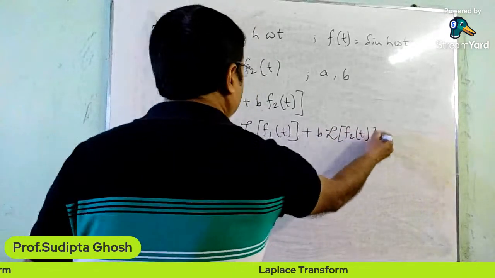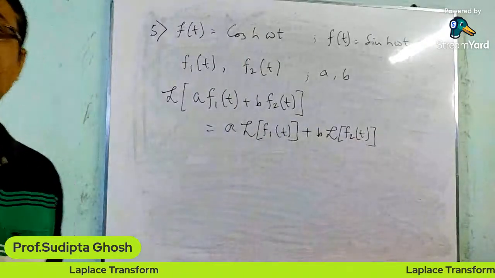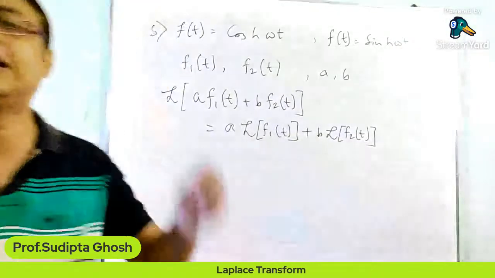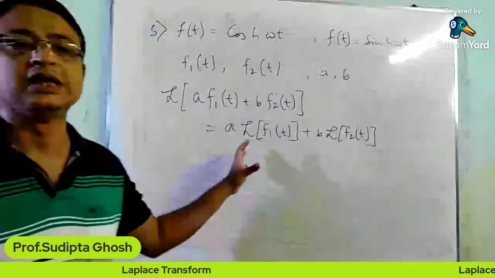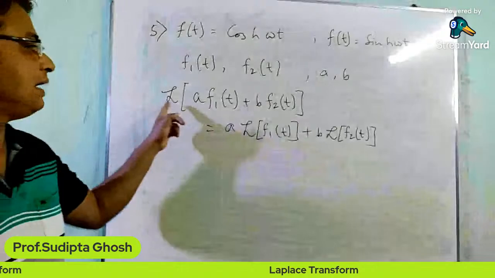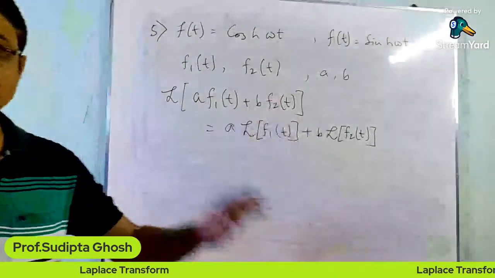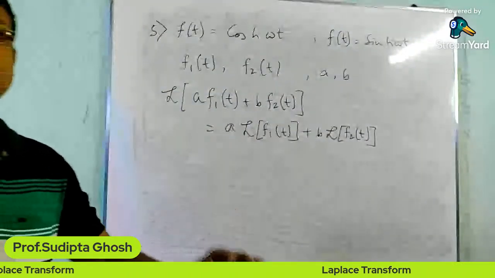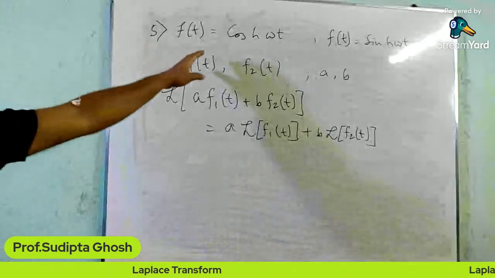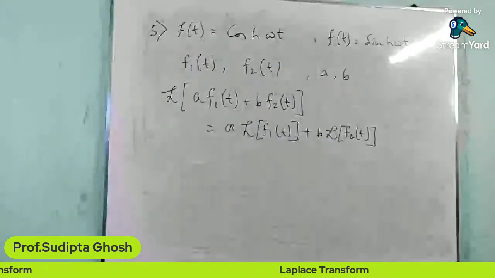So if you know the values of the Laplace transform of f1t and the Laplace transform of f2t, you can just put these values and easily find the linear combination, the Laplace transform of a f1t plus b f2t. So this is a simple property to be used to derive these functional forms, that is cos hyperbolic omega t or sine hyperbolic omega t.